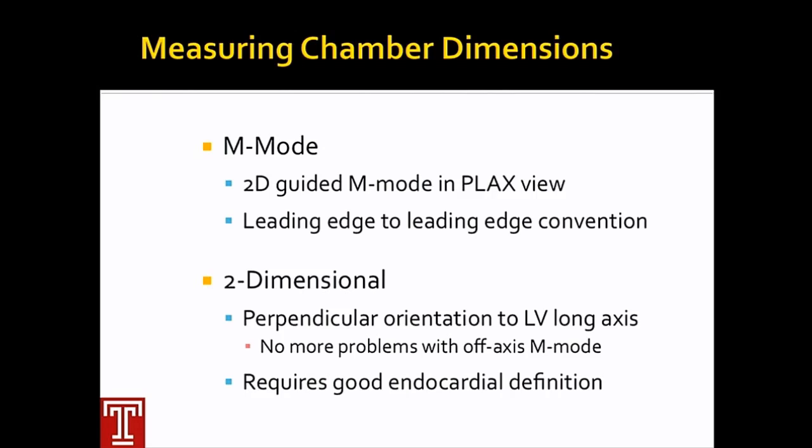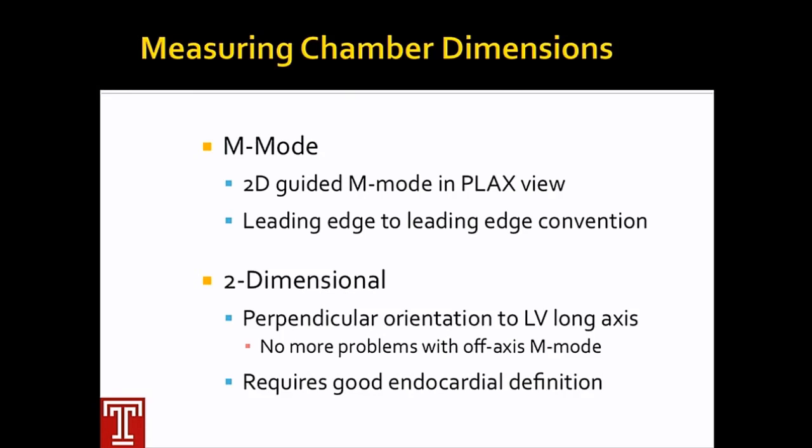So too with the LV cavity, you start at the leading edge of the bright endocardium at the septum, and then you go down to the leading edge, which is the bright endocardial border in the inferolateral or posterior wall. We'll see this in a picture shortly.